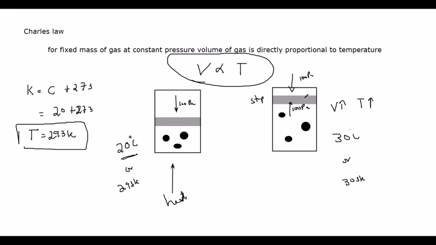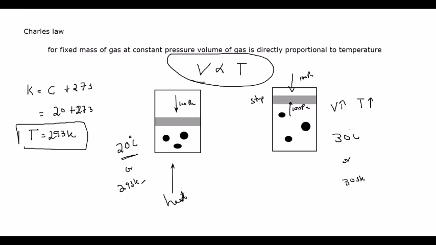Otherwise, if the outside pressure is more, the gas will be compressed. If the inside pressure is more, the gas will expand. But if the pressure is the same, it means the gas is not expanding. So at the beginning of this experiment, the pressure was the same. You supply heat energy, the gas molecules push, and they will stop after some time.